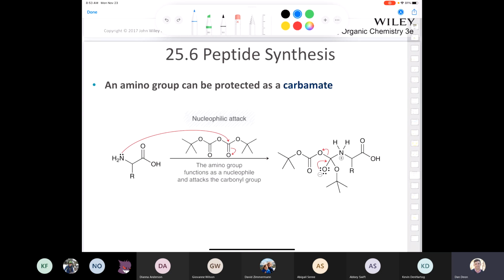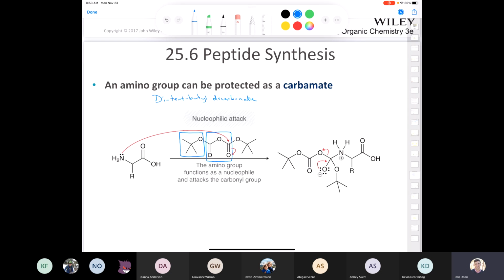This is called di-tert-butyl dicarbonate. You probably also noticed that there's an anhydride here. This is an anhydride, and then this part here is a tert-butoxy, or a tert-butyl with an oxygen attached to it.